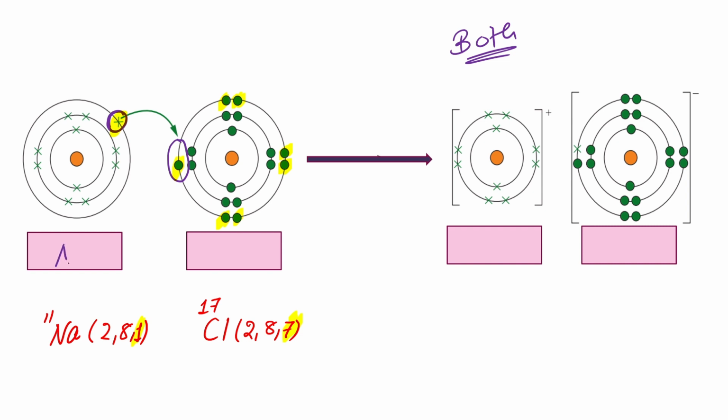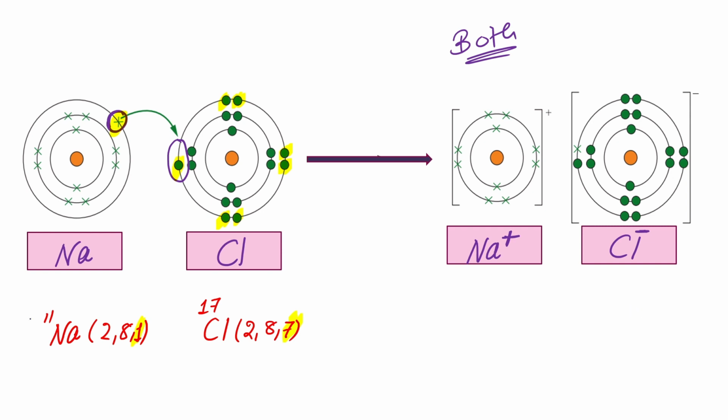So when the sodium atom loses 1 electron, it becomes a sodium ion having a positive charge because it has lost 1 electron. And the chlorine atom, when it gains 1 electron, it becomes a chloride ion with 1 negative charge.